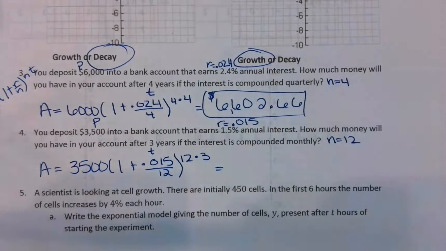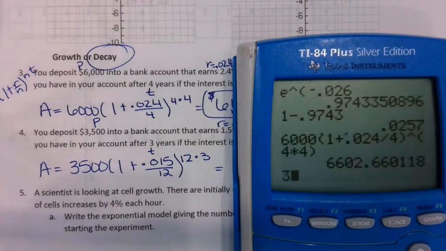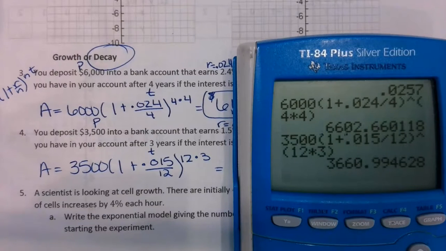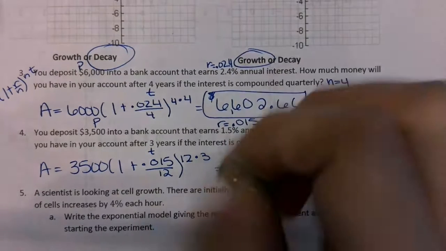Then I just need to type it in. 3,500 times 1 plus 0.015 divided by 12, to the exponent of 12 times 3. This time it gives me 3,660.99.